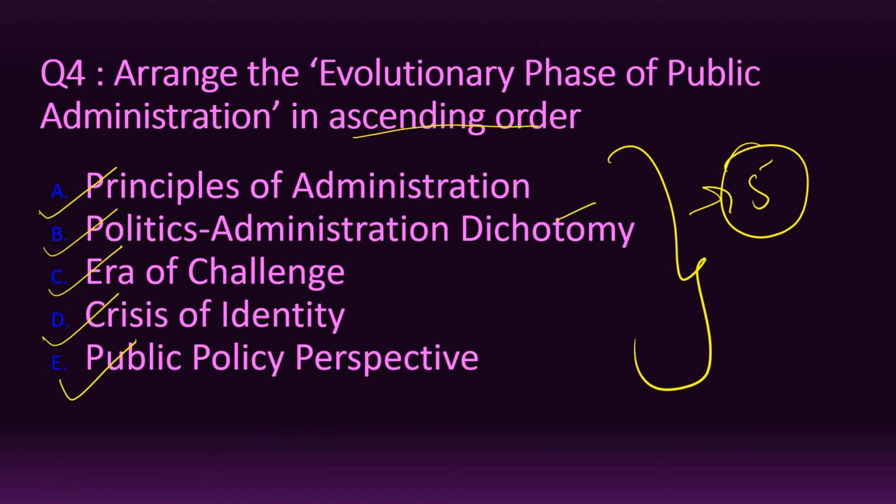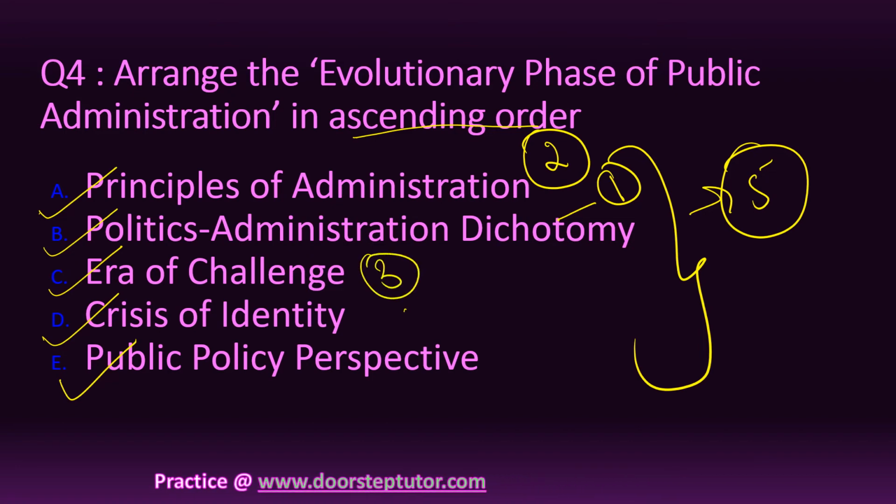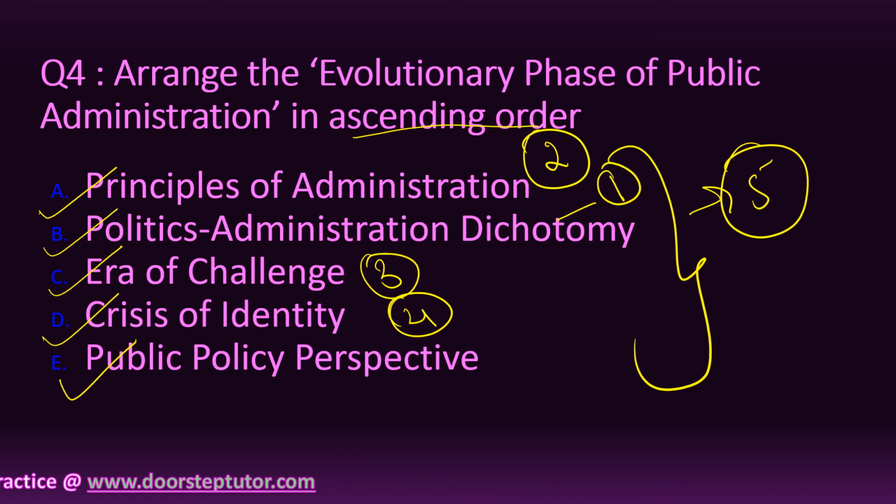The first that came up was the politics-administration dichotomy. Second was principles of administration. Third is the era of challenge. Fourth is the crisis of identity. And fifth was the public policy perspective.